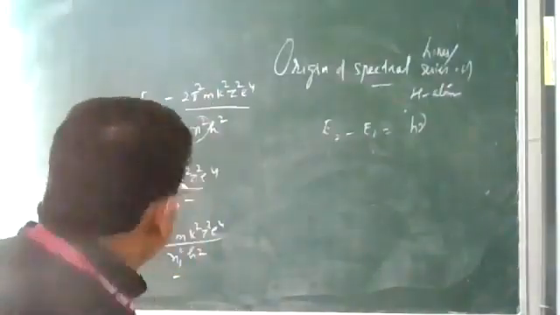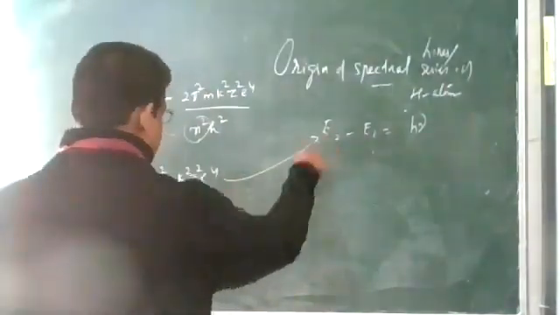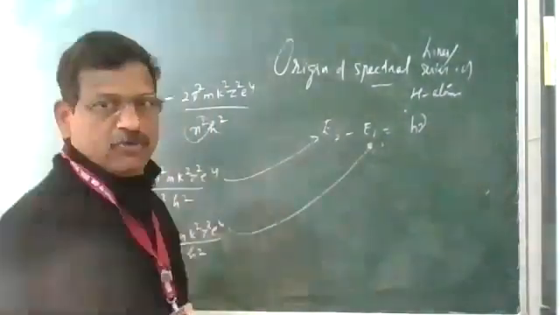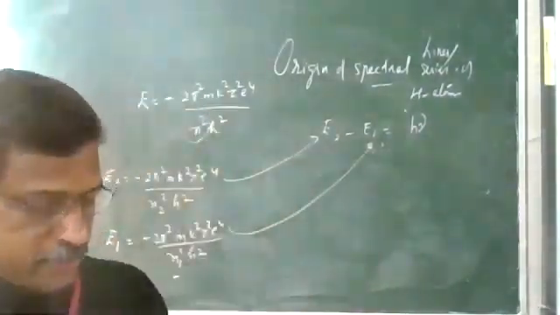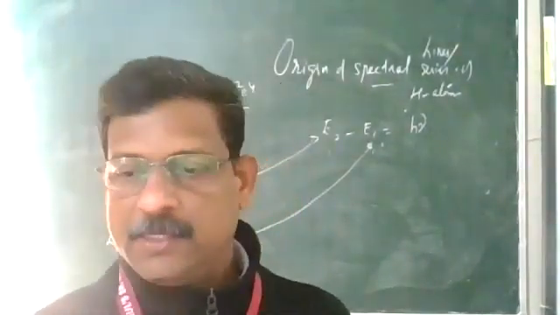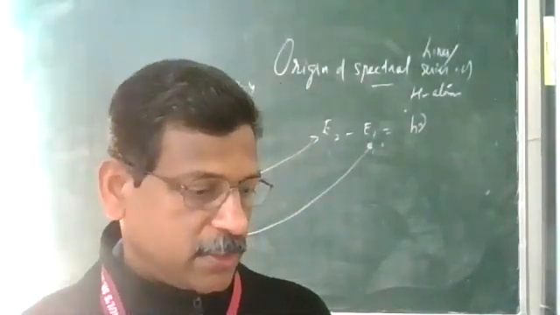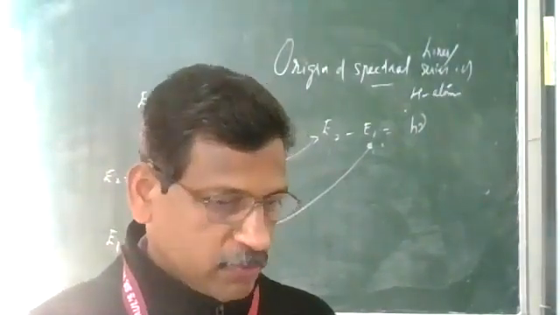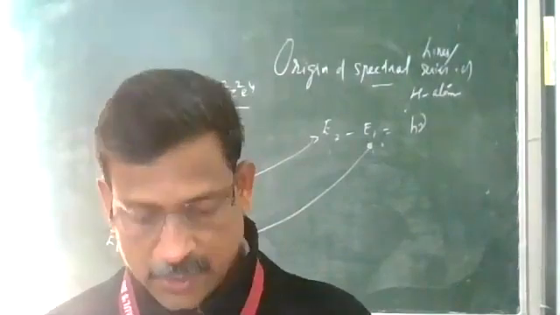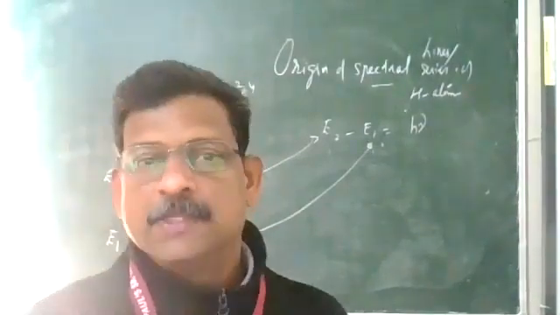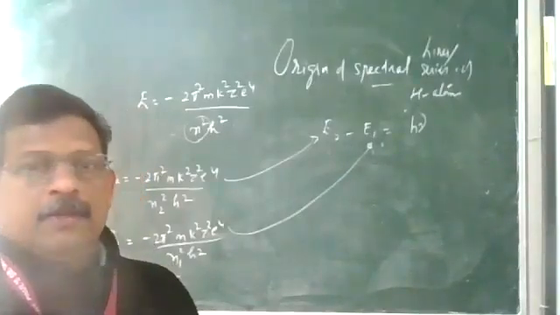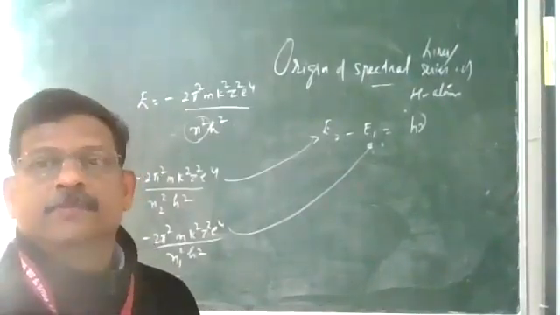The values are substituted and we will get the spectral series. Some terms are left there, the origin of spectral series and some numericals are left in this part. I will continue in the next class, and thank you. These are very, very important points. Also learn this. Thank you.